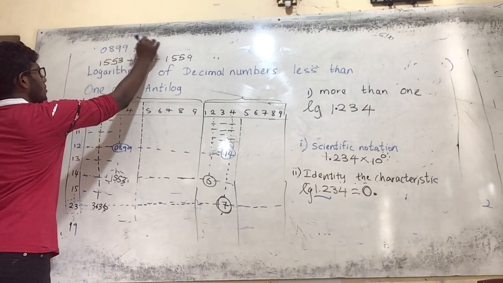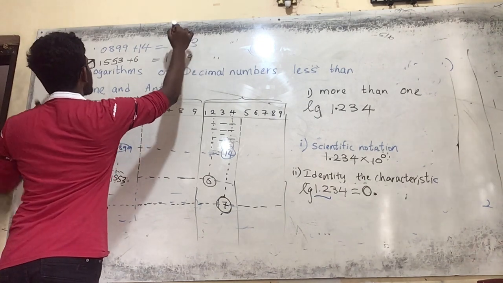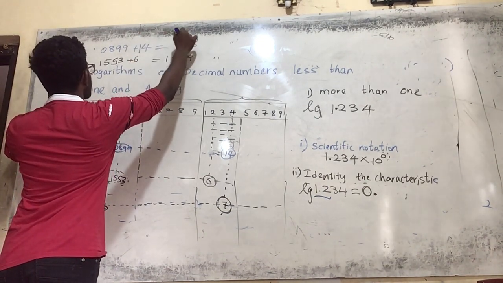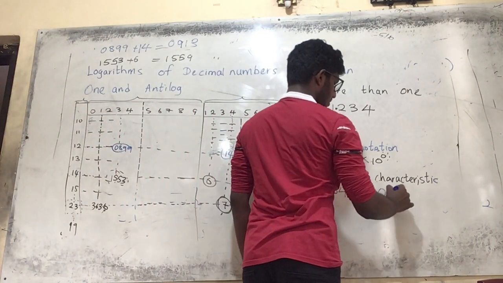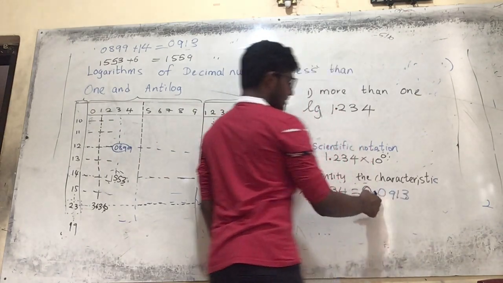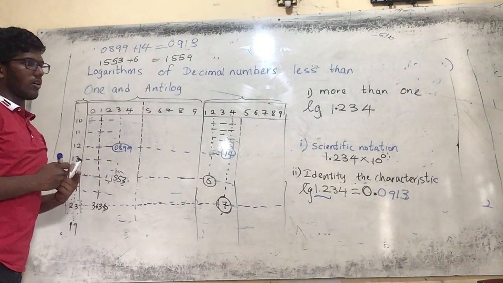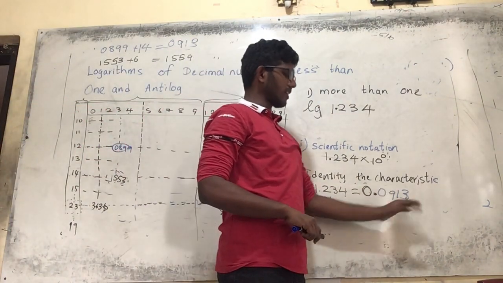0899 plus 4. That will be 0903. So we have to make sure to put the 0 here. Okay. Don't write 930. This is 0903.